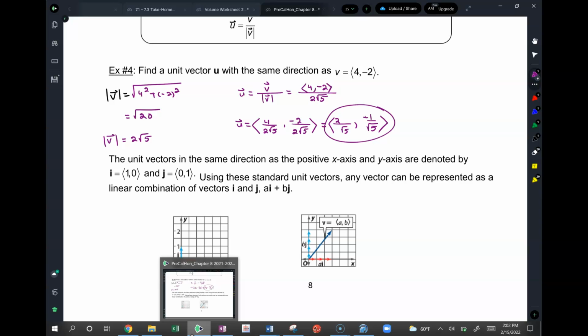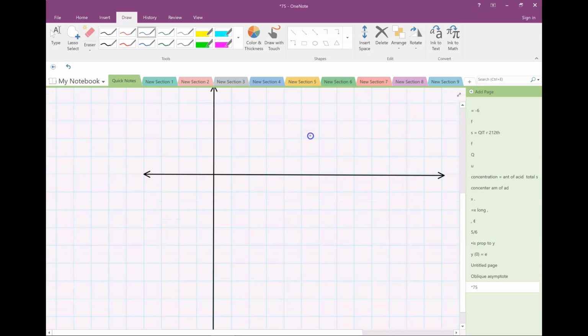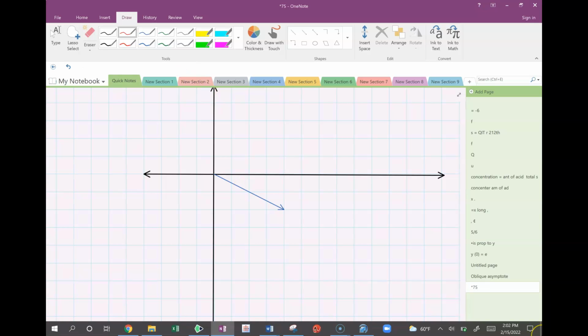Here, I'm going to draw vector v, 4 comma negative 2. If I start from here, I go 1, 2, 3, 4 over and 2 down. Now, let me draw on top of this vector u. Vector u has components 2 over root 5, negative 1 over root 5. I don't know how much 2 over root 5 is. Can somebody tell me how much that is in decimal?